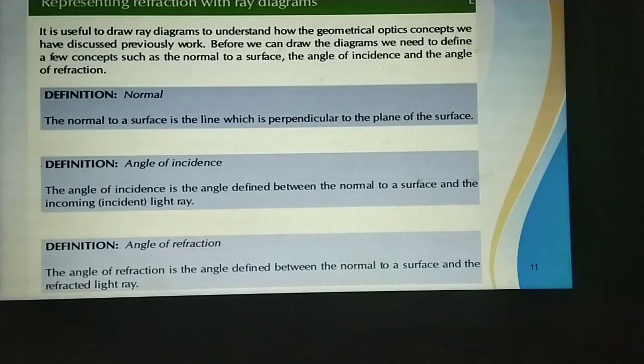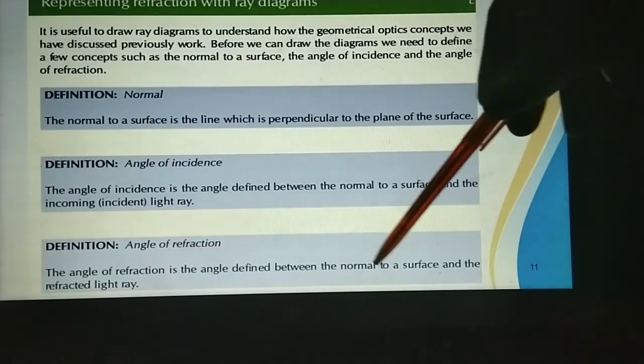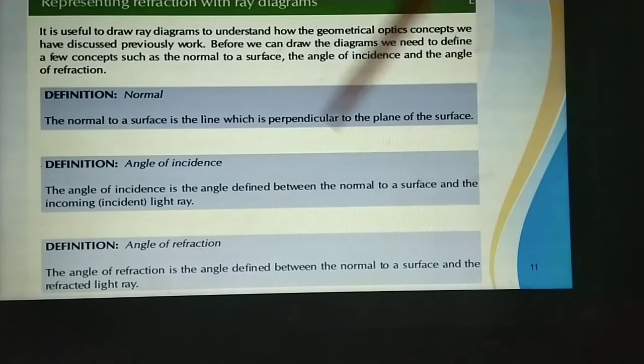The angle of refraction is the angle defined between the normal to the surface and the refracted ray.